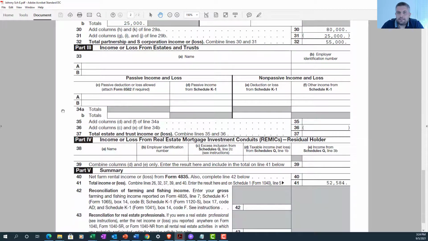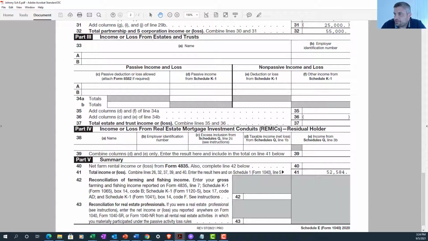Now we'll take a look at part 3, which has no information on here, but part 3 is basically the same thing as part 2, except you're reporting income and loss from estates and trusts that come to you on a K-1. So the setup's very similar. You have the name and EIN above, on line 33, columns A and B. Down below, in columns B through F, you show your income items and loss items broken out by passive and non-passive.